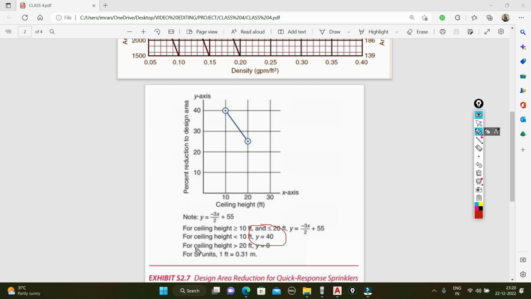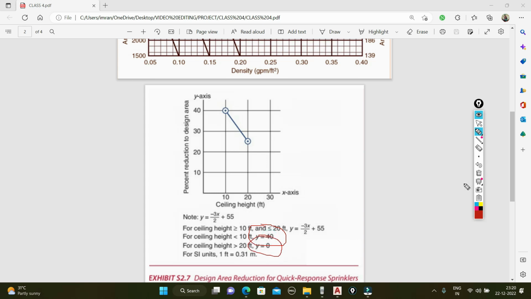And also if the ceiling height is greater than 20 feet, it means 21 feet, 22 feet, 25 feet, as in some buildings where the ceiling height is 22 feet or 25 feet, then the area of operation will have no reduction.